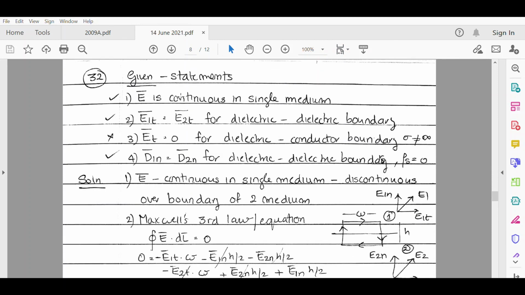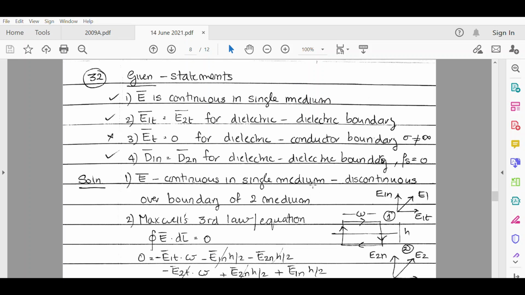Now the four statements given are shown over here. The first statement is that the electric field is continuous in a single medium. Yeah, this is quite clearly understood. Now the discontinuity comes when there is a passage of electric field from one medium to another.